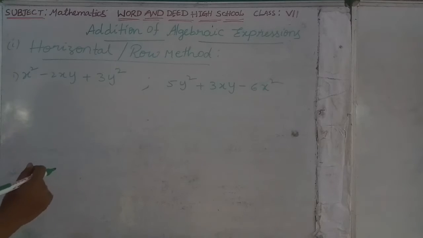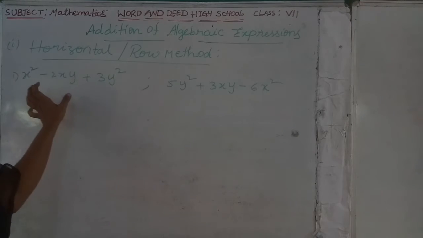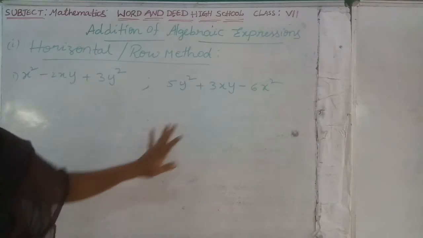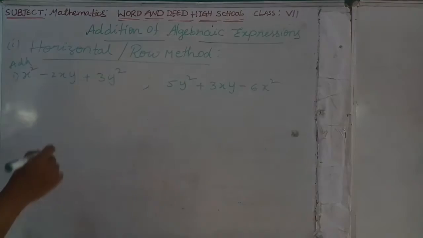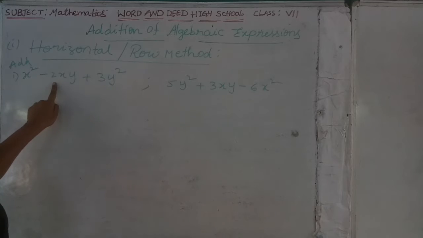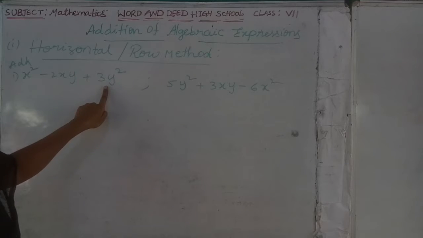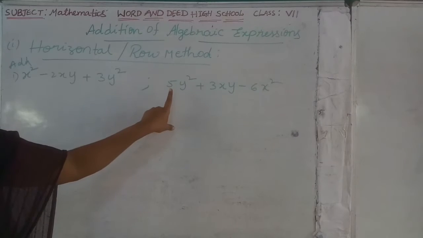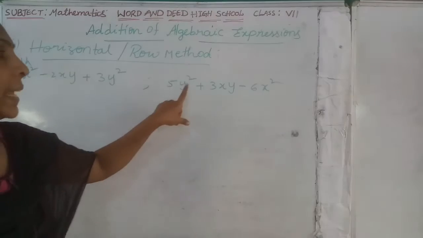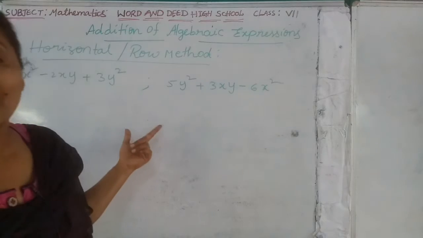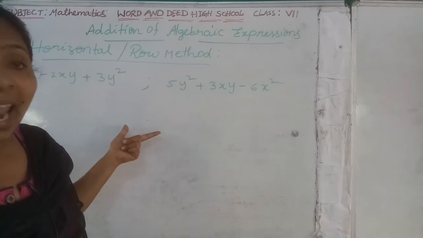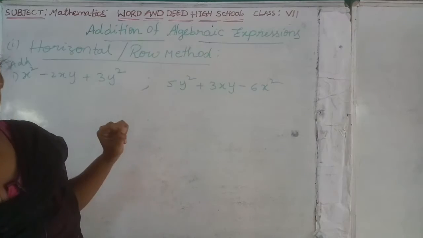Here two expressions are given. Add x square minus 2xy plus 3y square and the next expression 5y square plus 3xy minus 6x square. We have to add in the horizontal method, children.